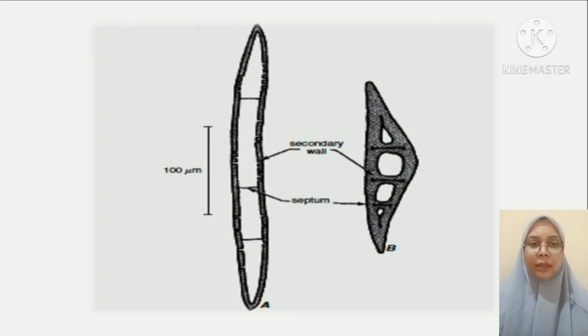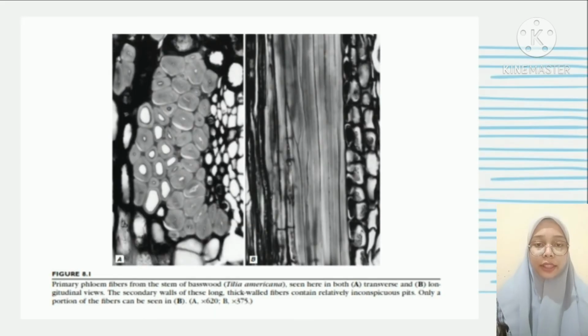And B is a septate sclereid from the phloem of Parachia or Cactaceae, in which the septae are covered with secondary wall material. In the next pictures, there are primary phloem fibers from the stem of basswood, Tilia americana, seen here in both A, transverse, and B, longitudinal views.